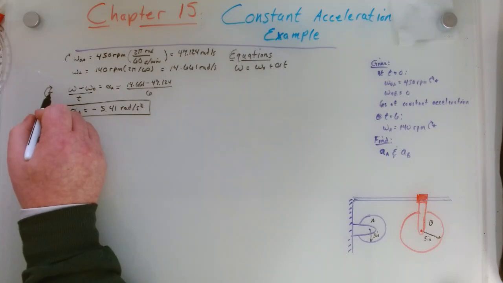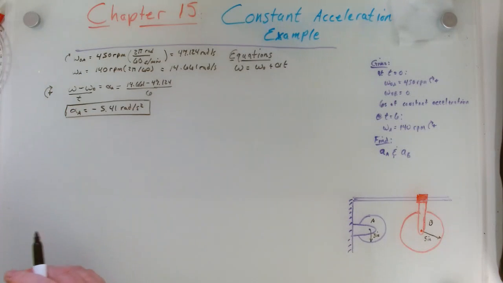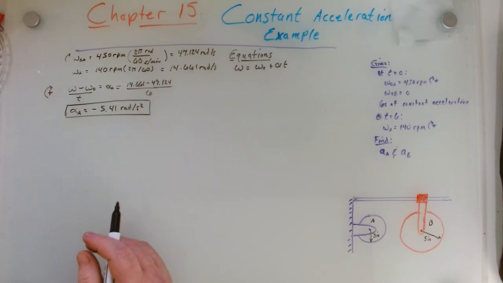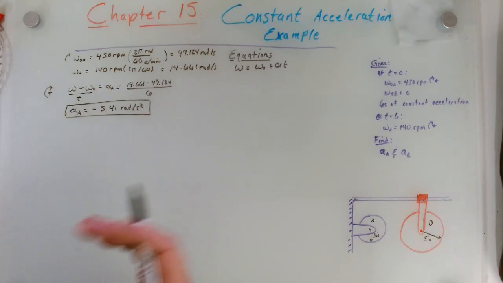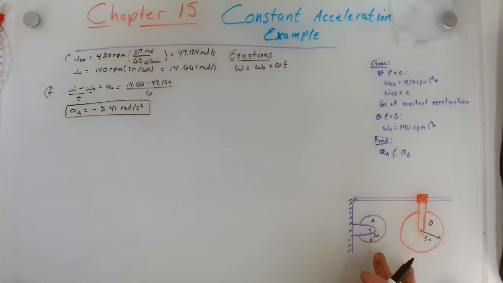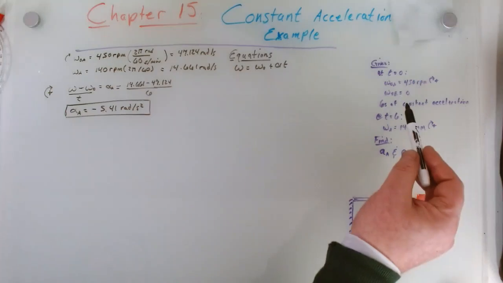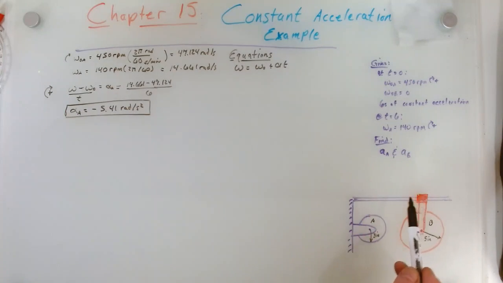So we need to say clockwise is positive. All right. The reason that I chose this problem is to consider what it means when they don't tell us the end velocity of B. So we know that it starts at 0, but it ends at something.